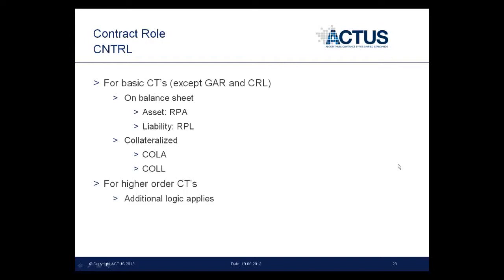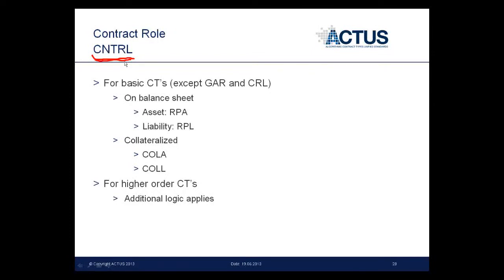The final step to get the sign right for a basic contract is the attribute CNTRL. This one here. Very important attribute. It means contract role. In our previous example, we mentioned that A had to declare the contract as an asset.